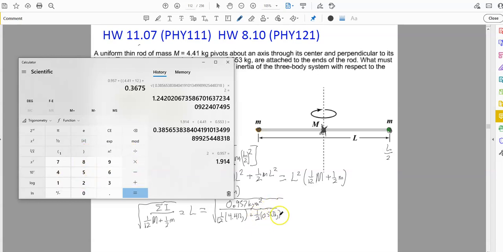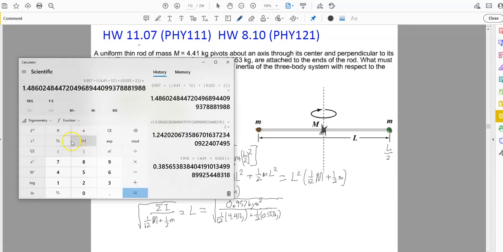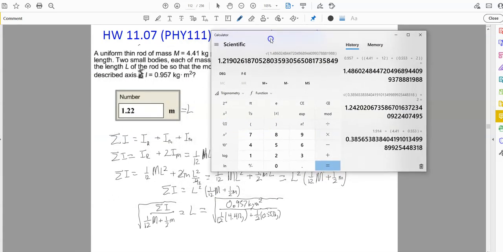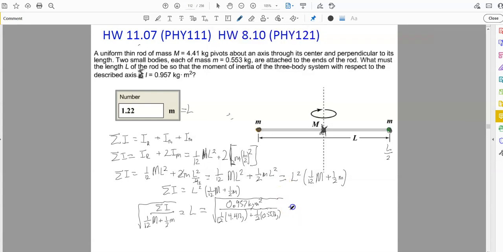Add that to 0.553 divided by 2, end parentheses, equals. And then we're going to take the square root of that. And that works out to be 1.219, or 1.22 meters.